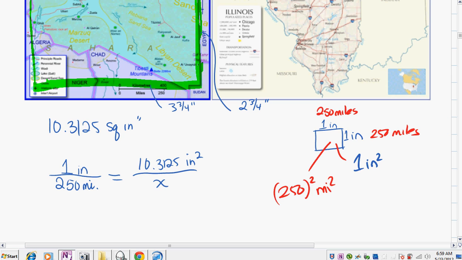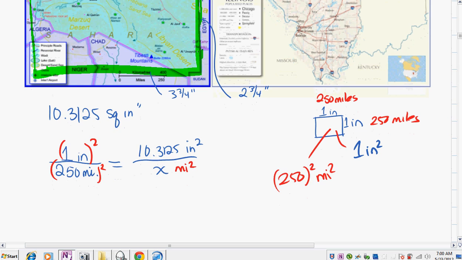So the idea is that the scale factor in area is scale factor squared. So if I square everything here, that will give me scale factor squared. And that's good because I'm actually looking for miles squared anyway, square miles. So rewriting this, 1 square inch over 250 squared is 62500 miles squared.